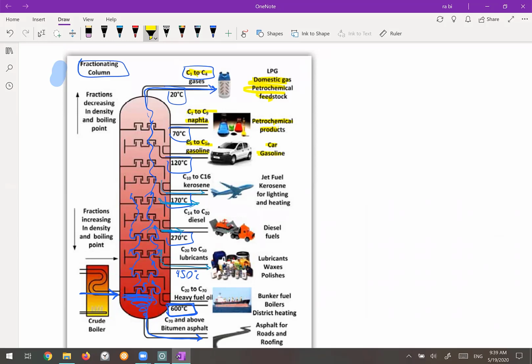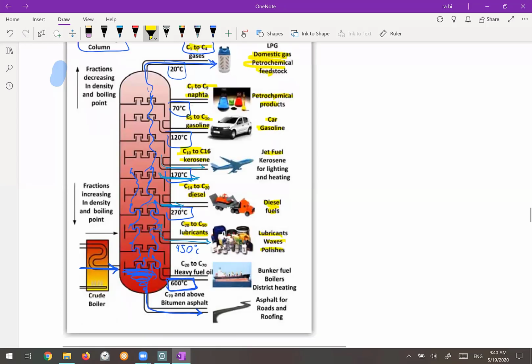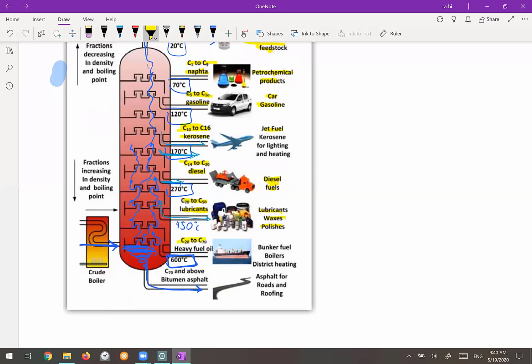From carbon number 10 to carbon number 16, they are called kerosene. They are the airplane fuels. From carbon number 14 to 20, they are called diesel, and we use them as diesel fuel. From carbon number 20 to carbon number 50, we use them as lubricants, like waxes, polishes, and so on. Alkanes with 20 to 70 carbons are usually used as fuel in boilers.